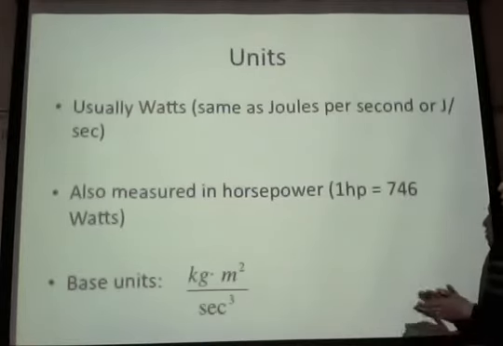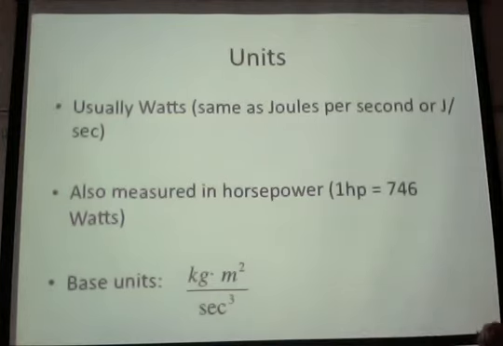As far as units go, with power, the one we use most frequently is watts. This is one that you would have seen before with light bulbs or appliances, have their power measured in watts. A watt is an abbreviated unit, just like joules and newtons were.